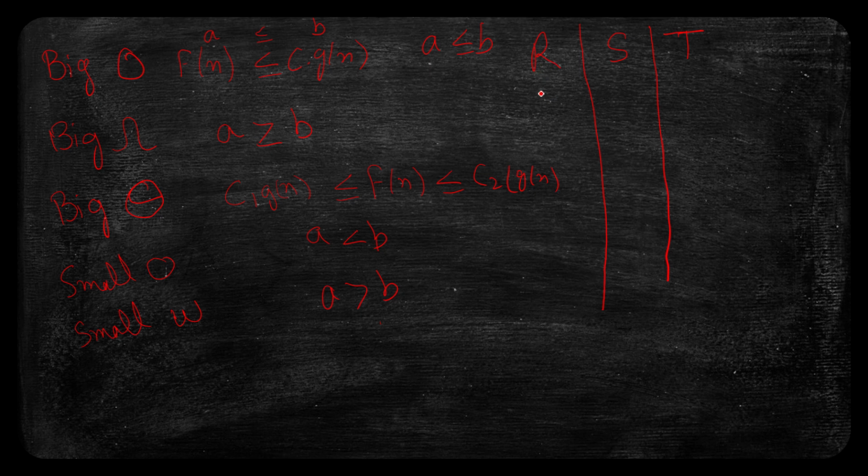What is reflexive property? Reflexive means it has to be equal on each side, mean to say that if I put 1 here, it should also be a 1 here, so it is possible. So big O is reflexive, yes, big omega is also reflexive, and big theta is also. So these three have the reflexive property, but these two do not have it because they do not contain an equal to sign. Okay, easy to understand and for exam point of view.